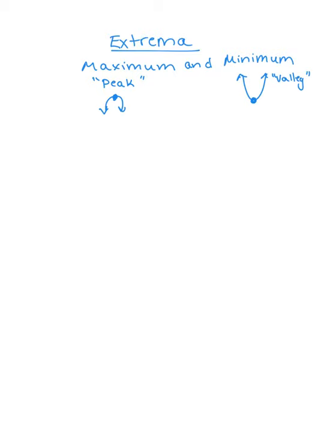Last year, you probably learned how to use your graphing calculator to find these. We are using Desmos, so it is 10 times easier, and we'll look at that in a minute. Now we have two types of extrema. You have what is called a relative, and I'm going to give you both because some people also call this local, depending on your textbook.